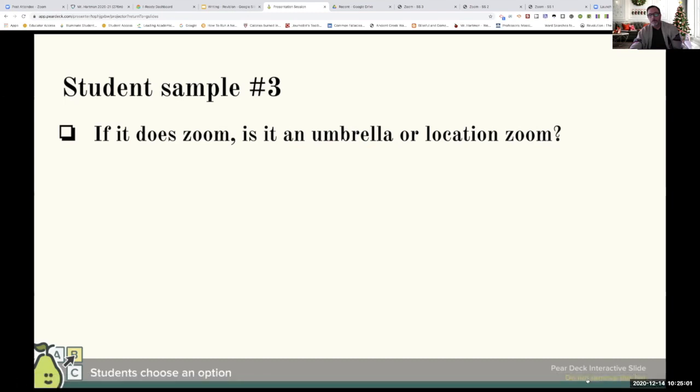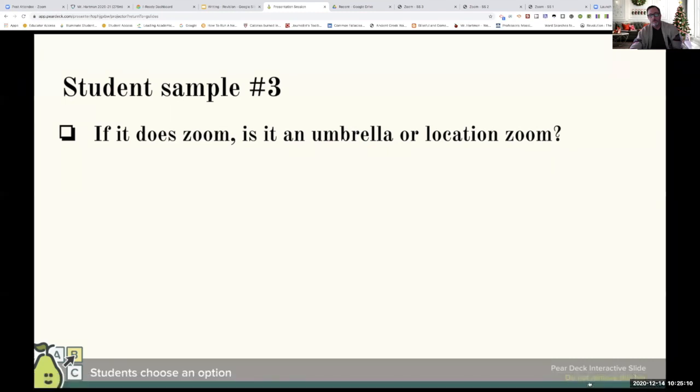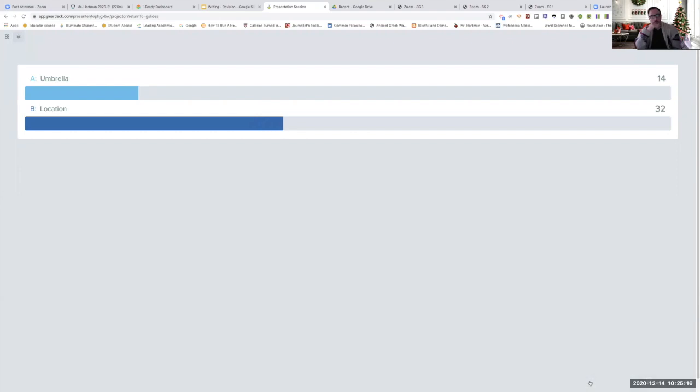Give 5 more seconds for you to register your response. Yes, it is a location. It is a location zoom.